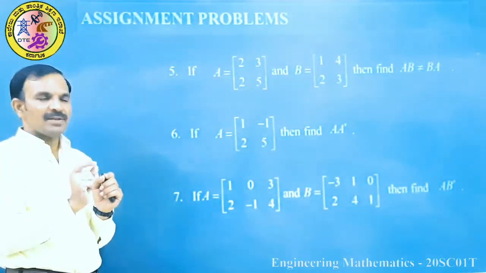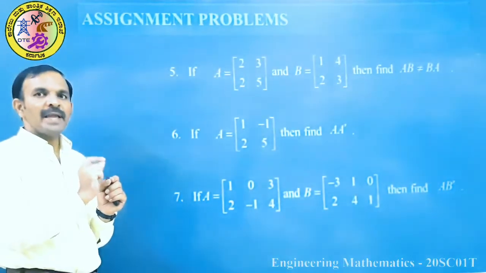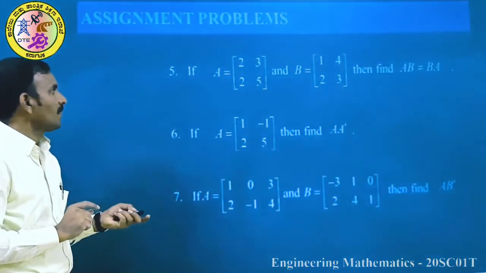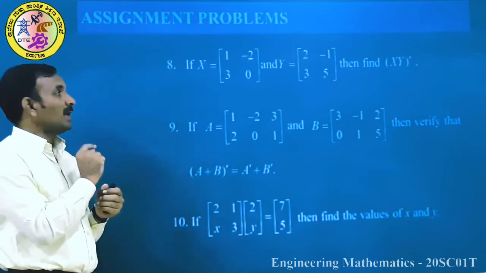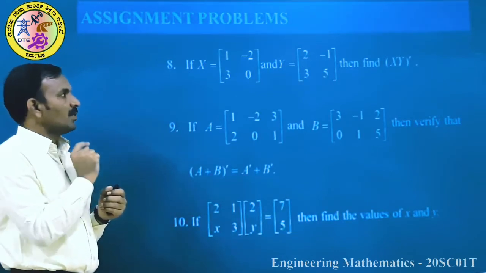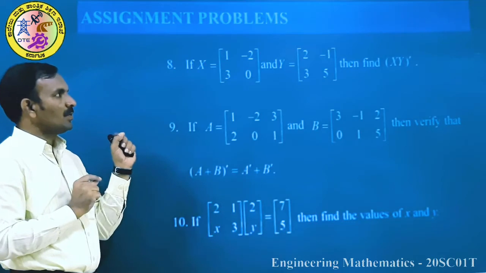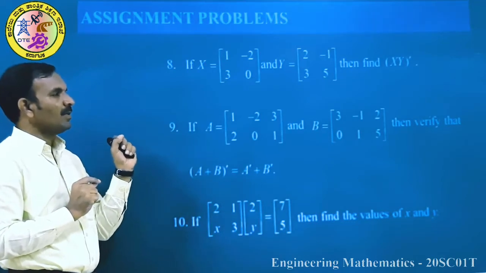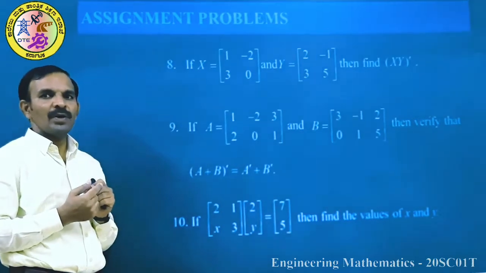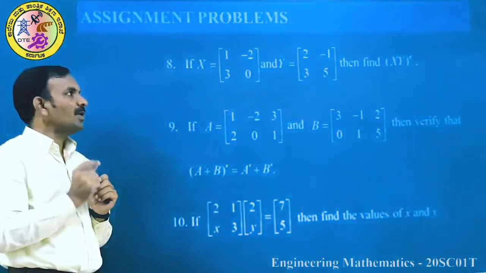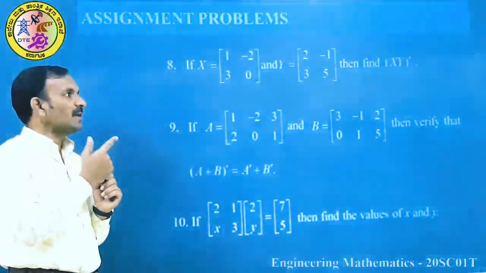First find B dash separately, then find A into B dash. Example 8, if X equal to [1 -2; 3 0] and Y equal to [2 -1; 3 5], then find (XY) whole dash. XY whole dash means first you have to find X into Y, then take its transpose.